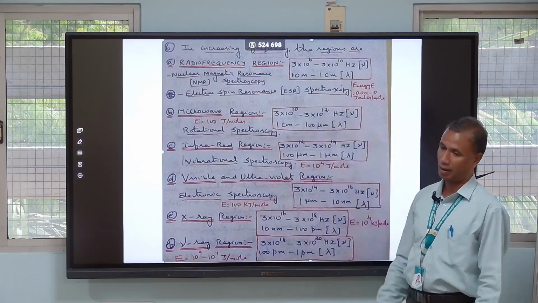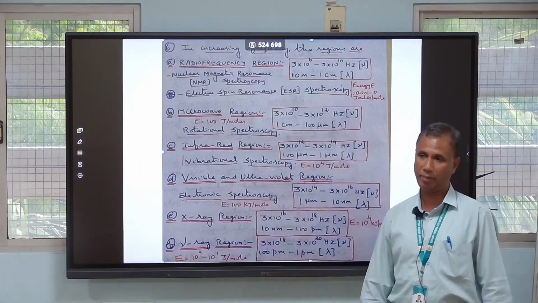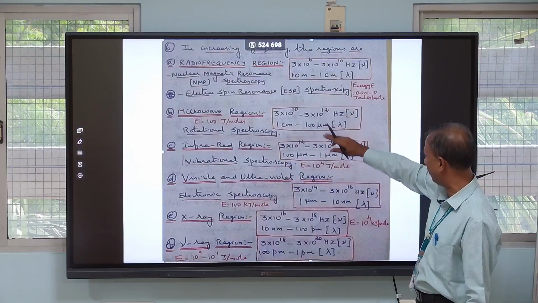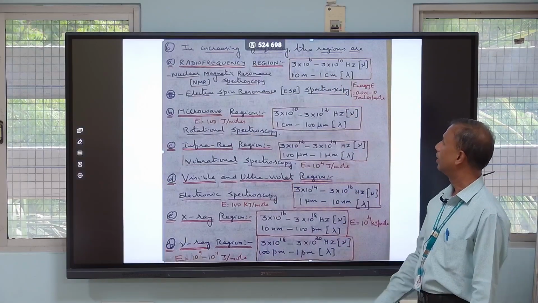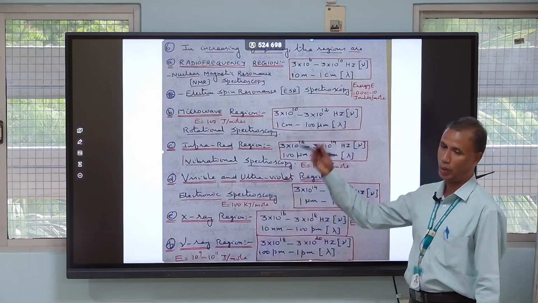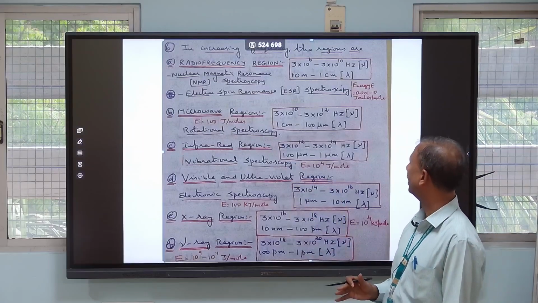But look at the wavelength, it is 10 meter to 1 centimeter. In this way the frequency is increased but wavelength is decreased. When you apply the previous slide equations, you get this result.